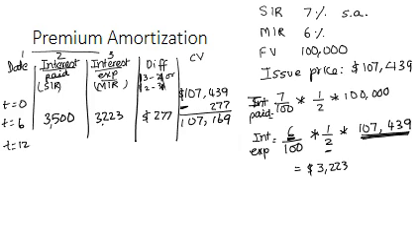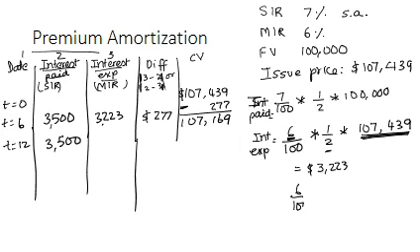At t is equal to 12, the interest paid will continue to be 3,500. Now the market interest rate has to be used to calculate the interest expense, multiplied by half because it's a semi-annual interest.